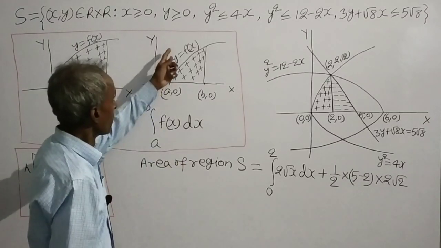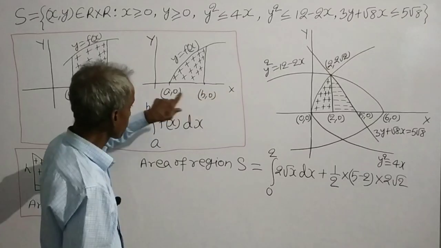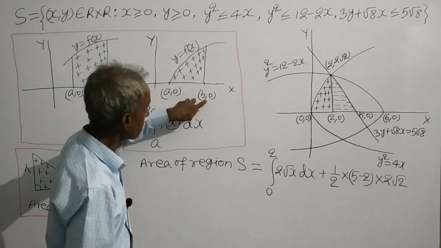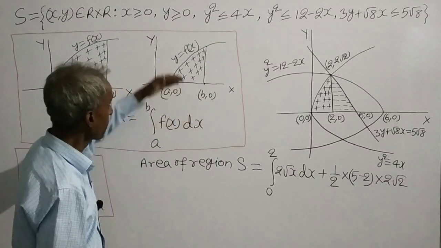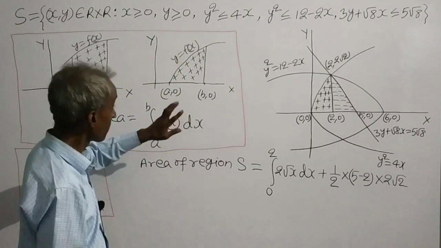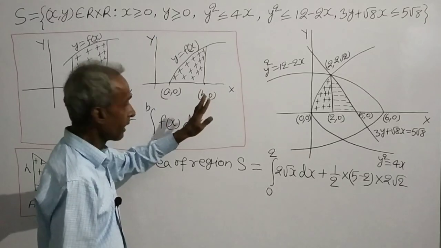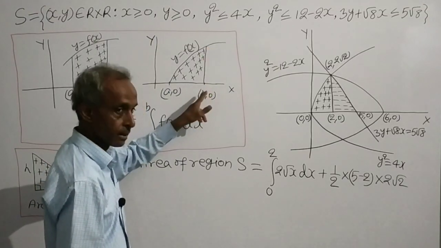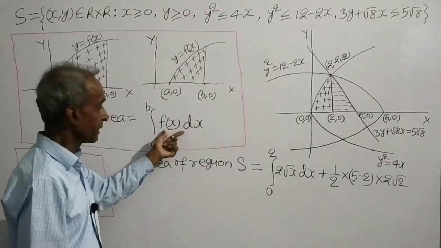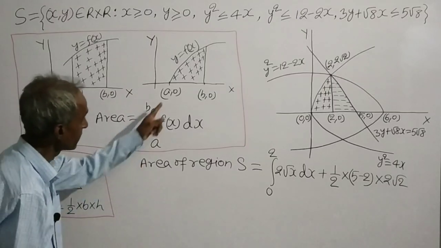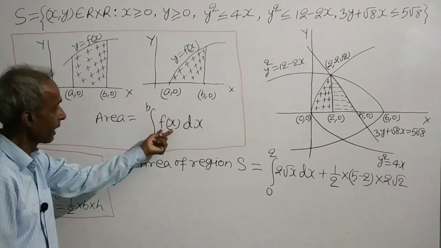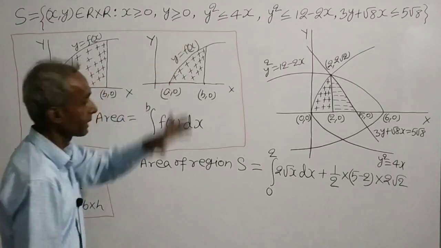If the curve y is equal to f(x) passes through (a, 0) and lies above the (b, 0) point, then the area bounded by this curve y is equal to f(x), the x-axis and one vertical line passing through (b, 0) is also given by this, where a is the x-coordinate of this point, b is the x-coordinate of this point, and f(x) is this function.